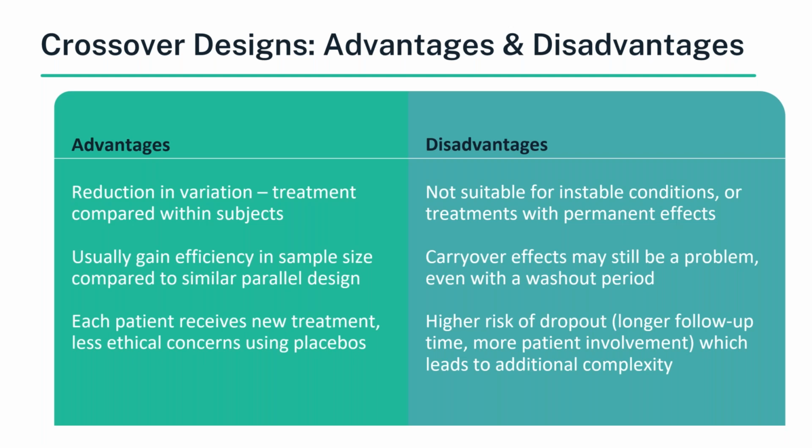Another benefit of the reduced variance is that the sample size required for a crossover design is typically going to be less than a comparable parallel design. The reduced variance leads to more precision in the estimates, so I think it makes intuitive sense that this will lead to a reduction in sample size. This can lead to some efficiencies in recruitment and save on some costs as well, just from the enrollment side of things.